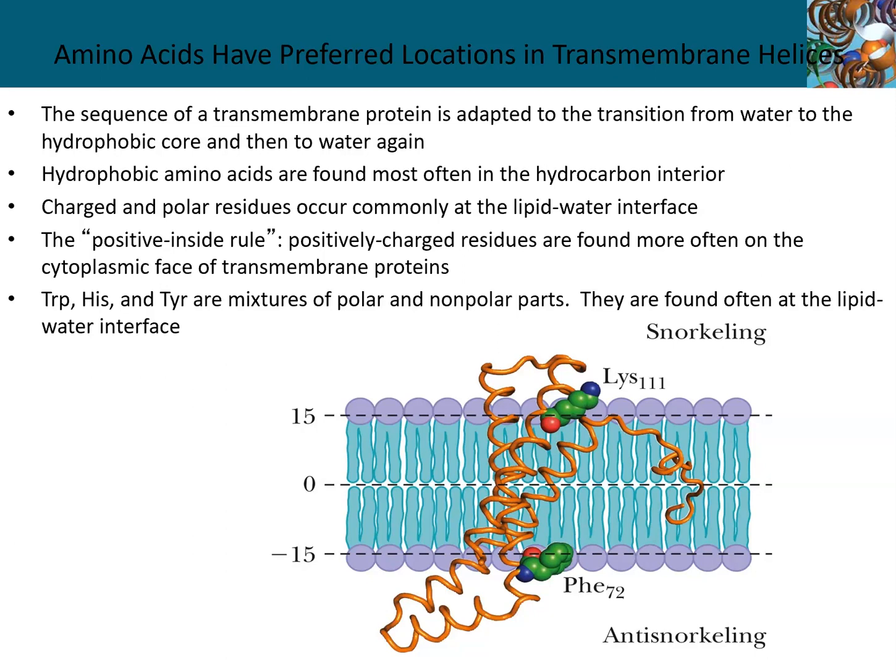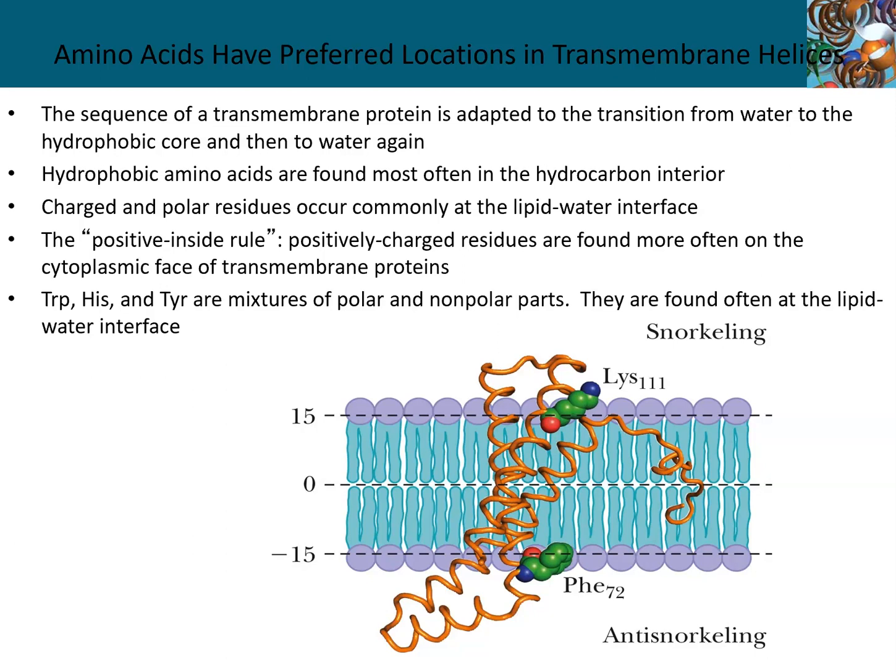You can see from this particular image that it's okay for these helical regions of hydrophobic amino acids to run at an angle through the lipid environment. There's no reason not to. And some of the times they snorkel, or they'll run parallel to the membrane for a chunk of time. They'll go up, they'll go down. And that's not the norm, but it's also not atypical.